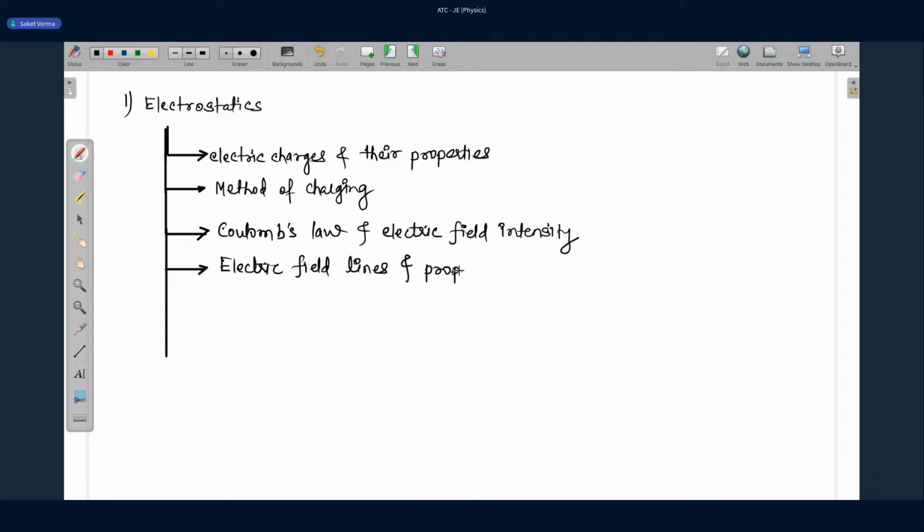So electric field lines and their properties we are going to discuss, which kind of line can exist and will be valid, and which kind of line cannot exist. Then we have the electric dipole also. So electric dipole we are going to discuss.